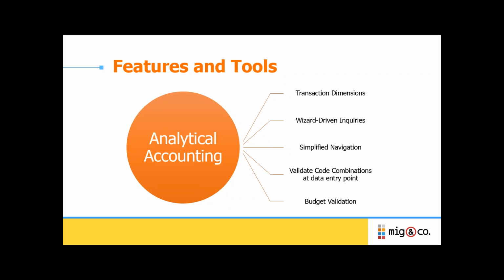Simplify the navigation. Make it easy for folks to recognize your expenses versus your operating expenses versus your cost of goods sold. Make sure that the accounts are in the right segments. Valid code combinations between your accounts and sub-accounts are available within the SL environment.